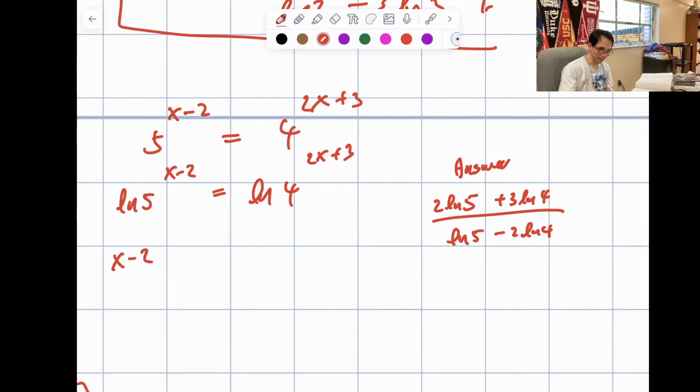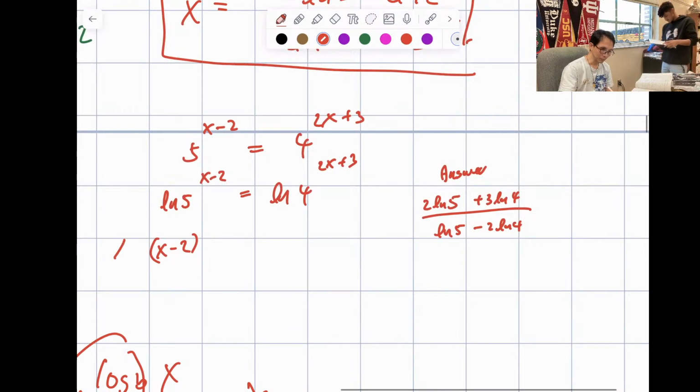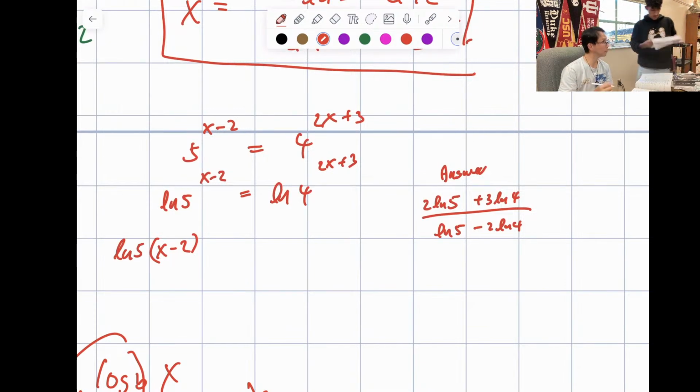Is it still right if I did it like this? If I had the 2L, I'll put the 2L on the right. So is it still right? Yeah, I like to write stuff out.